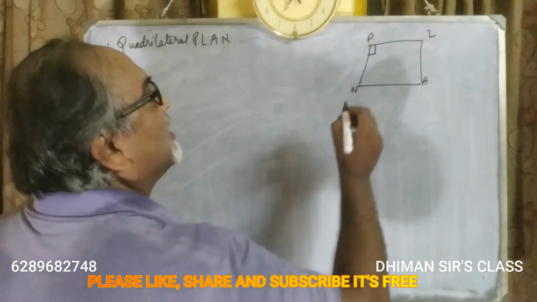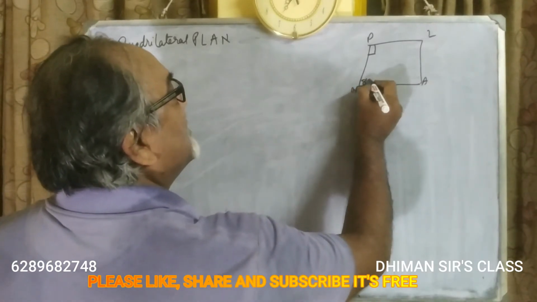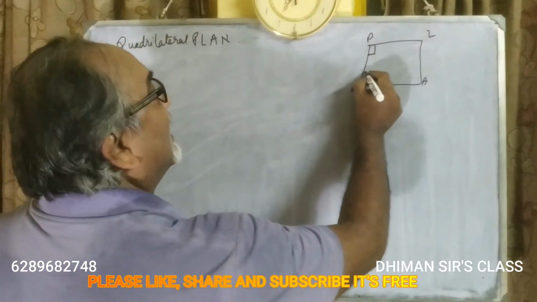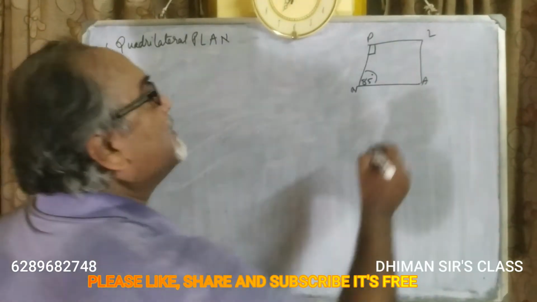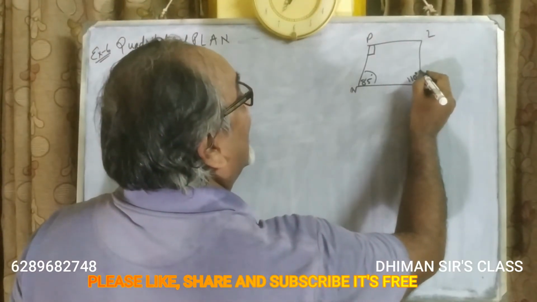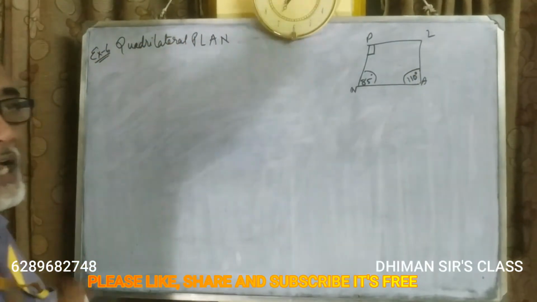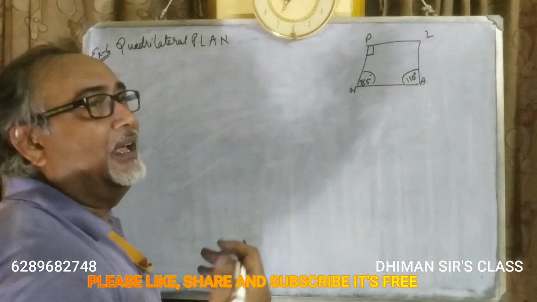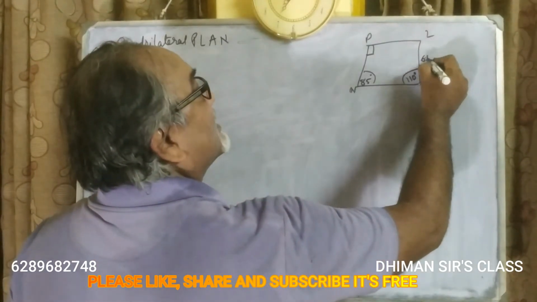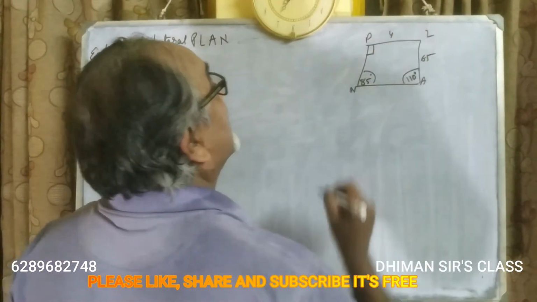Now, next, suppose angle N is 85 degree. And angle A, let it be 110 degree. Okay, but then AL, let it be 6.5 centimeter and let this be 4 centimeter.